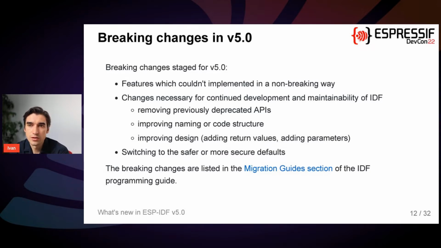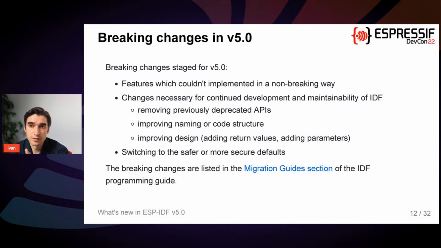Another category of changes are some changes that we do to make development and maintenance of ESP-IDF possible in the future. So this is cleaning up or removing APIs that have been previously deprecated, improving naming and code structure, improving some design like adding return values, or fixing bad API decisions that we've done in the past.